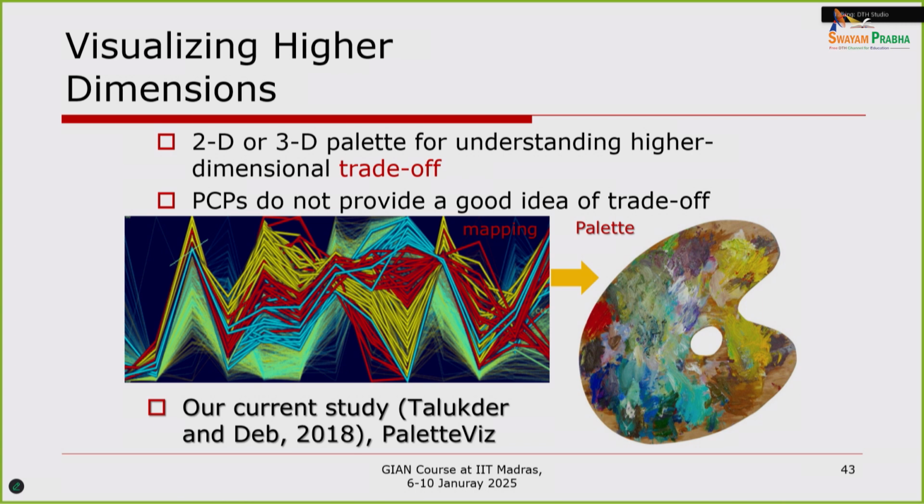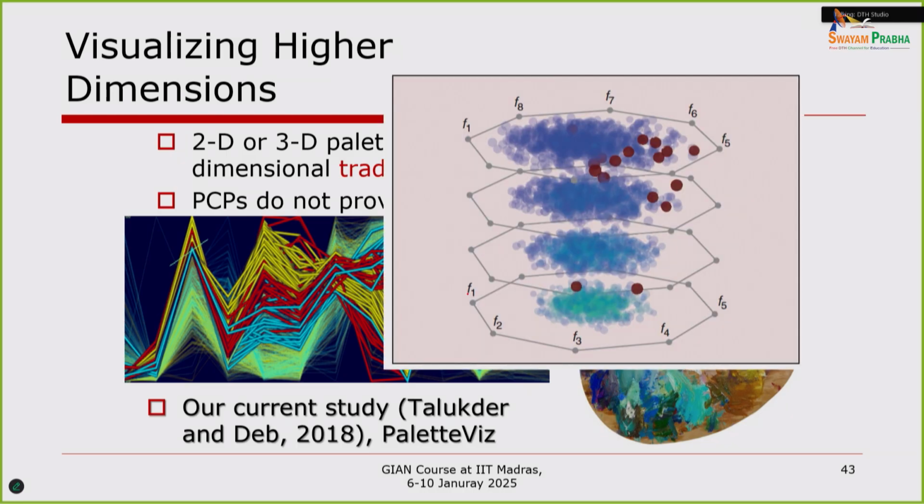We also did another one called RadViz. So this was the value path or the parallel coordinate plot. Very difficult to know the trade-off. So what we do is, if you have a Pareto front, like this is an 8-dimensional problem, so an 8 objective problem. Okay, one of these is called RadViz.